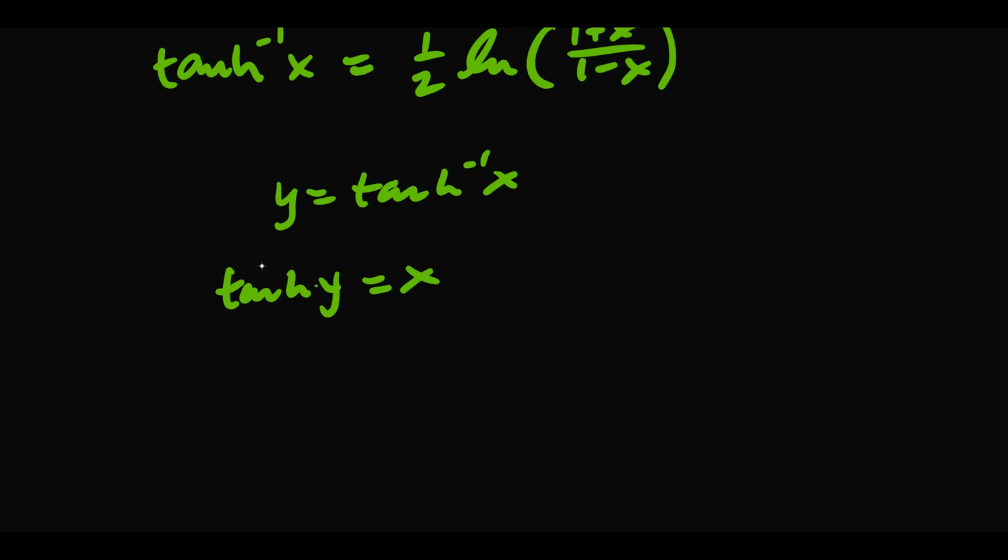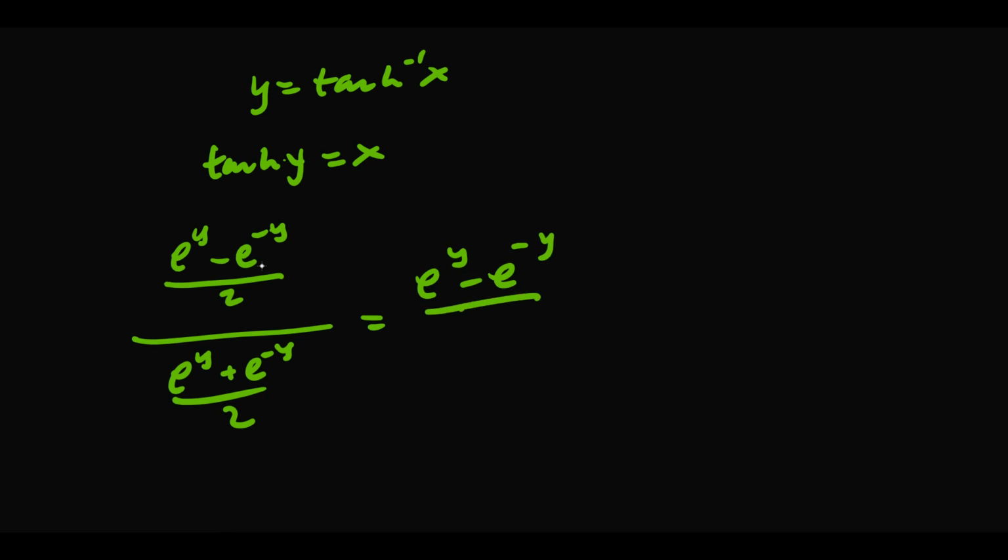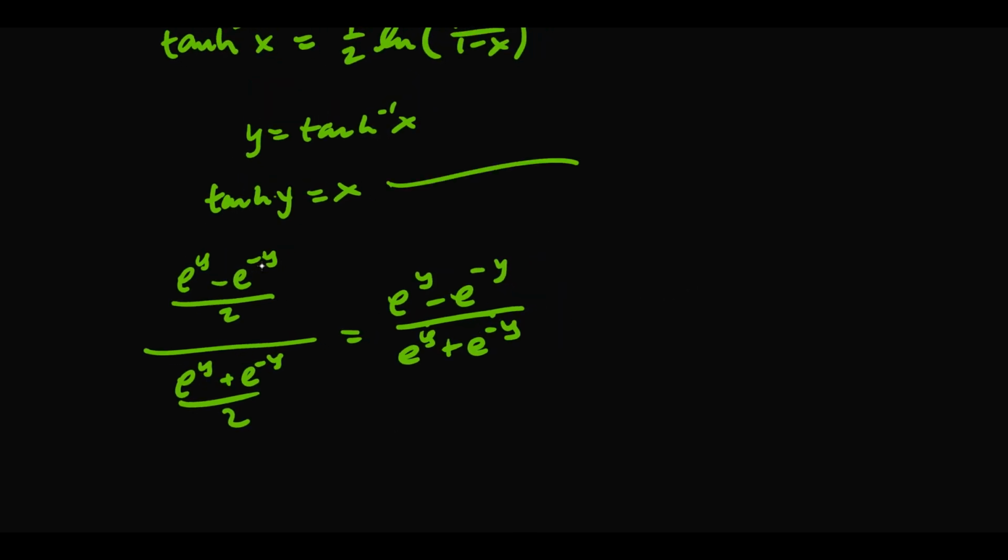Now hyperbolic tangent is hyperbolic sine over hyperbolic cosine, so it's going to be e to the y minus e to the negative y over 2, and then over e to the y plus e to the negative y over 2, and then we flip and cancel, and we end up getting e to the y minus e to the negative y all over e to the y plus e to the negative y. All right, so now all of this is equal to x.